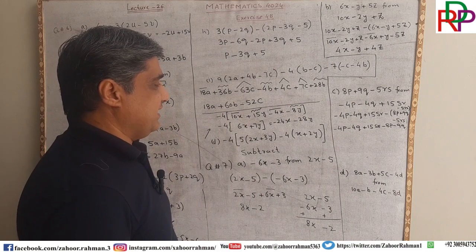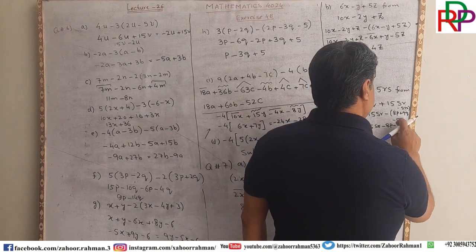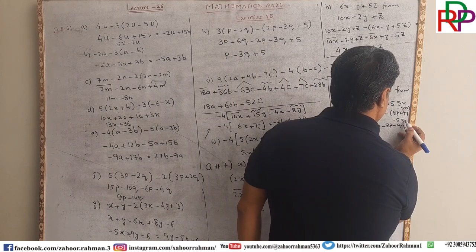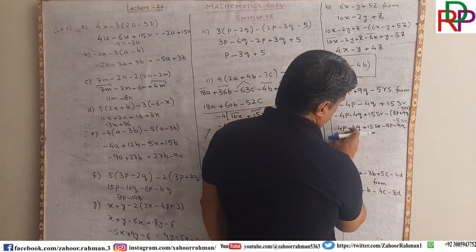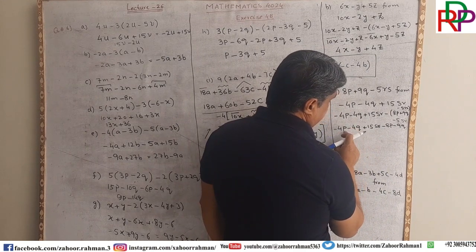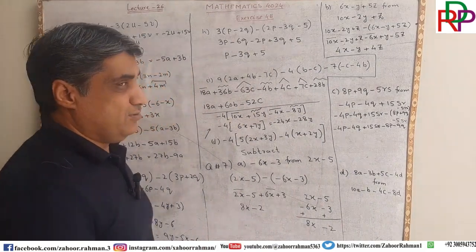Instead of RS, I am writing SR. So now corresponding variables should be added, you cannot add this 4p to or subtract it from 4q.